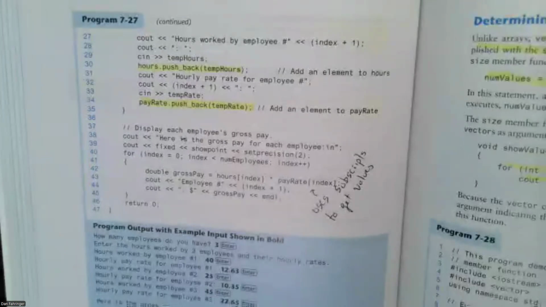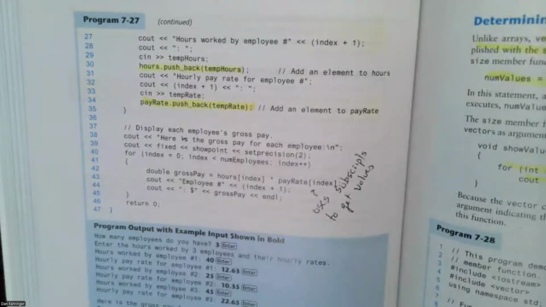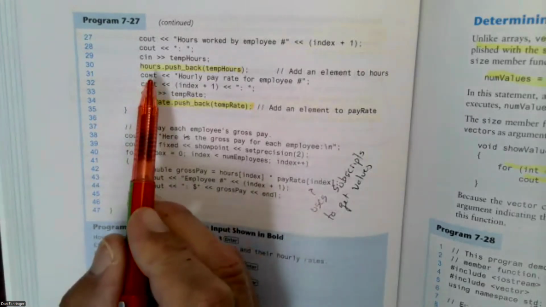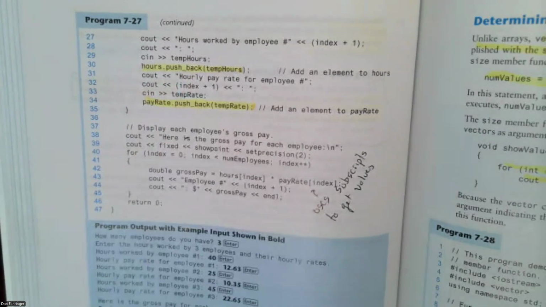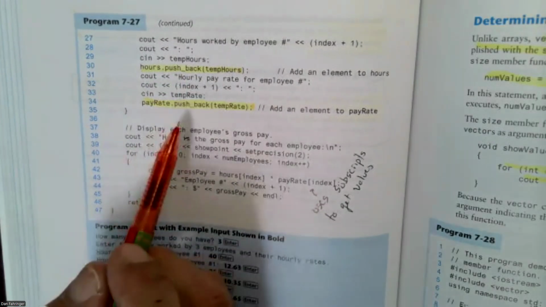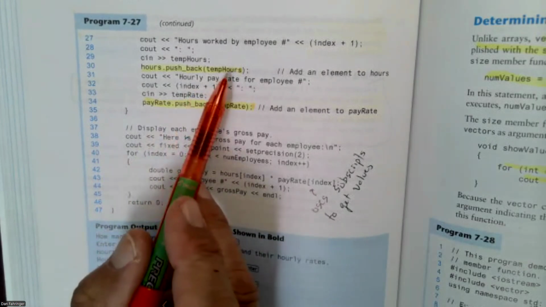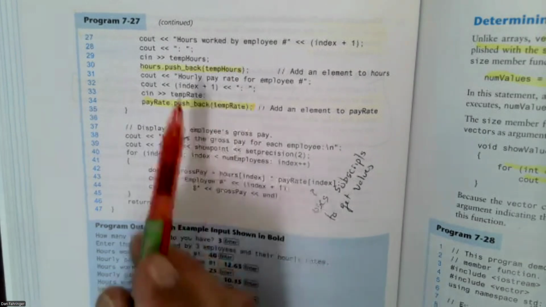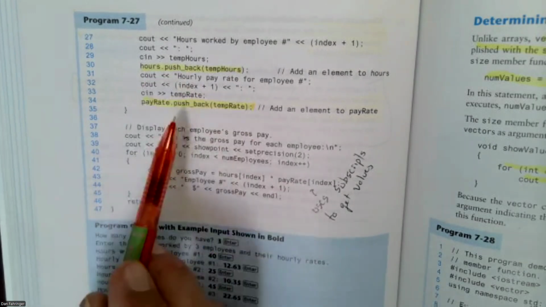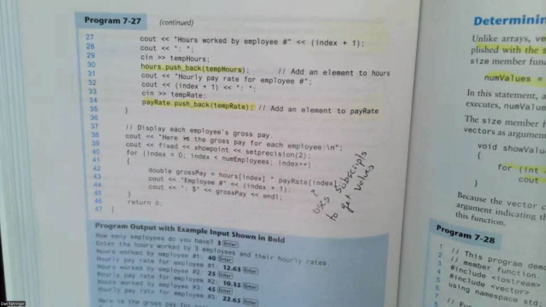Well, this gets into our first function that we are going to get from the class in that standard template library. It says, take the vector name and do this function, push back, and it's going to store temp hours. It added to the hours vector. Here I'm adding to the pay rate vector.